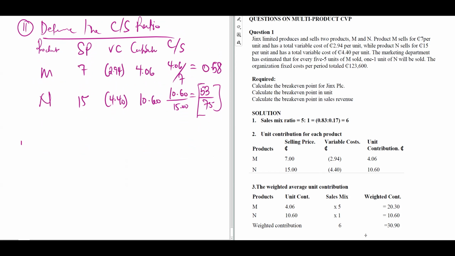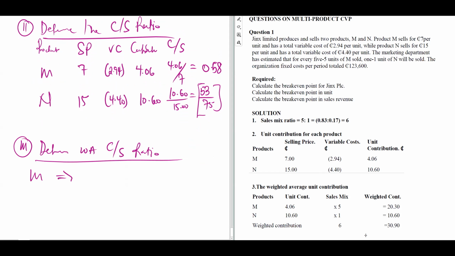The next step is to determine the weighted average CS ratio. For product M, I multiply my 0.58 contribution to sales ratio by the sales mix, 5 over 6. For product N, I multiply 53 over 75 by 1 over 6.